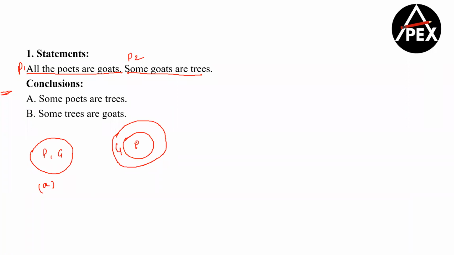Am I right? So this is our second diagram, which I'm going to call diagram B. These are both diagrams for premise 1. Let me also draw diagrams for premise 2. For some goats are trees, I will need 3 diagrams now. This is diagram 1.